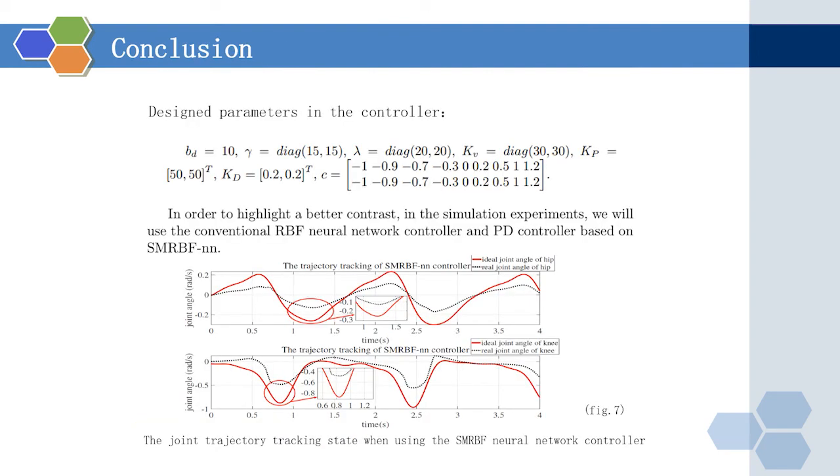Then we perform experiments. The desired joint angles of the hip and knee joints are obtained from the human gait trajectory by the motion capture system, and the designed parameters in the controller are determined as shown.